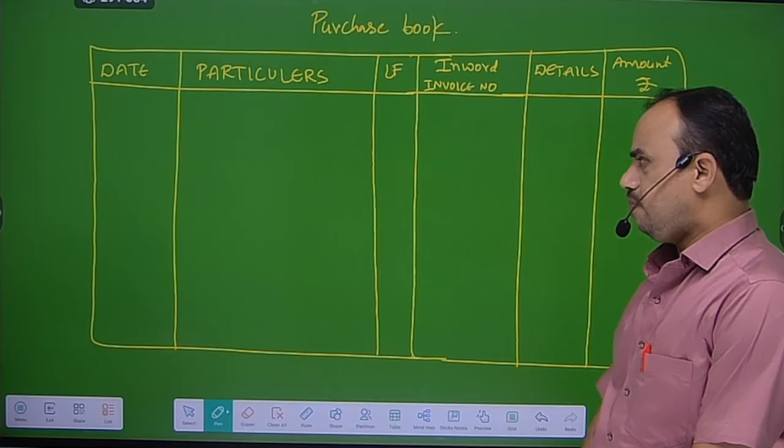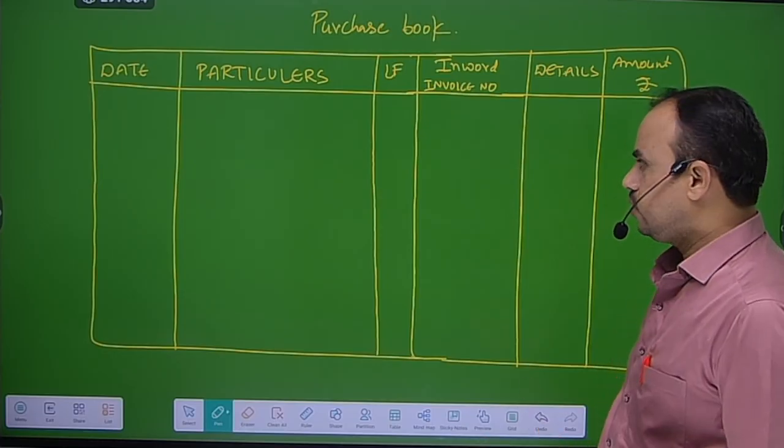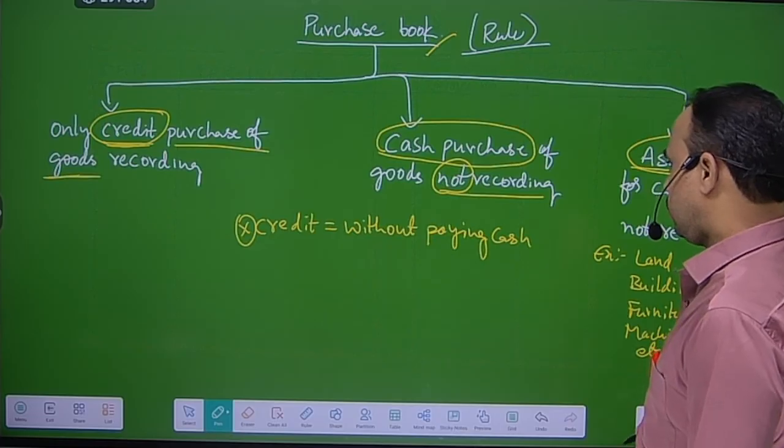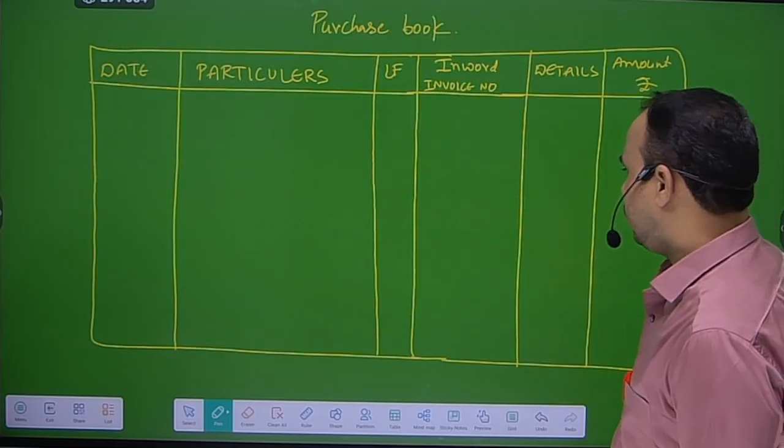Whenever you purchase goods, we record simply the name. Example, I will tell you. Here I will write one question. Just a minute.